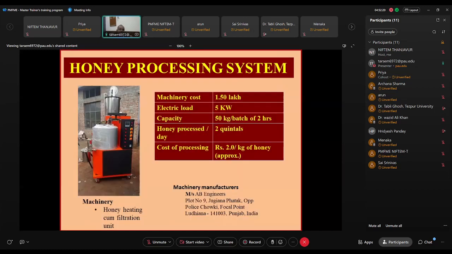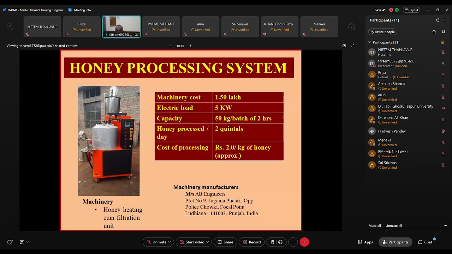Then we have developed a small honey processing system. This technology has been recommended by the Punjab Agriculture University, and it does two, three different functions. One function is the indirect heating of honey by using hot water, where the temperature is controlled.